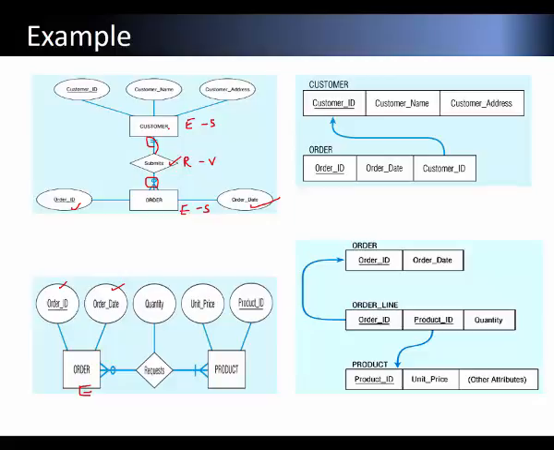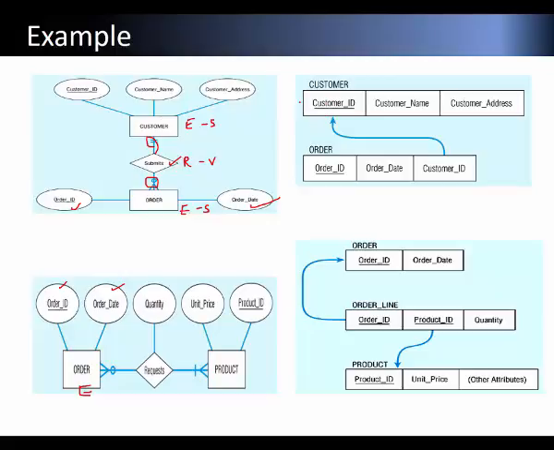You can create that situation, but in the current situation, we do not allow that. For example, if an order is submitted, then it should be submitted by one person, one customer, right?